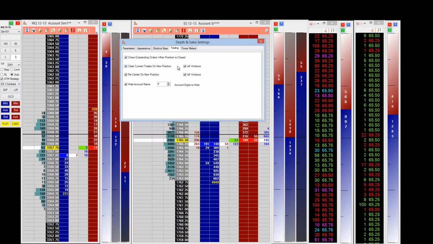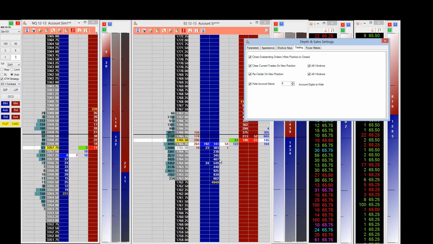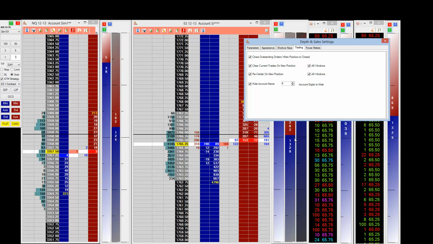Clear current trades on new position will clear this column when a new position is entered. And again, that means when I go from flat to having a position on, those columns will clear. Okay. If I set it to all windows, when I put a position on the ES, it's going to also clear that column on the NQ over here.